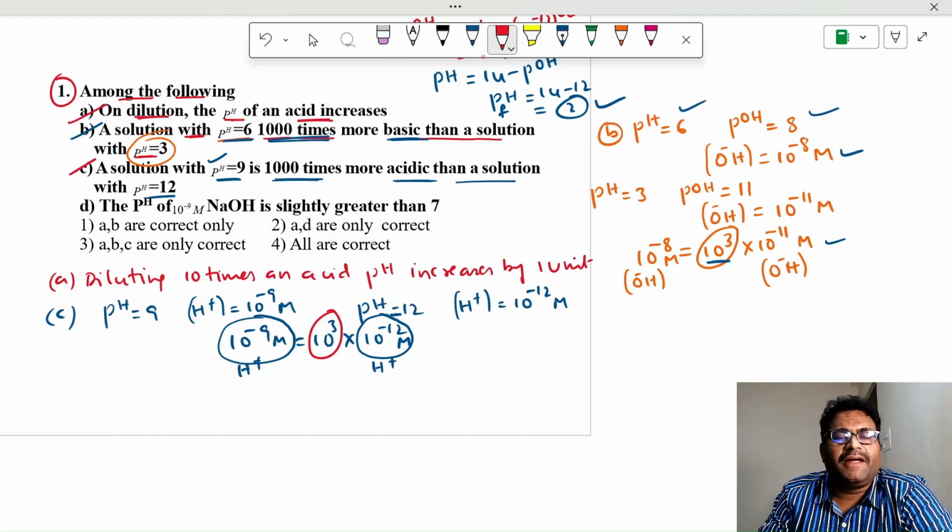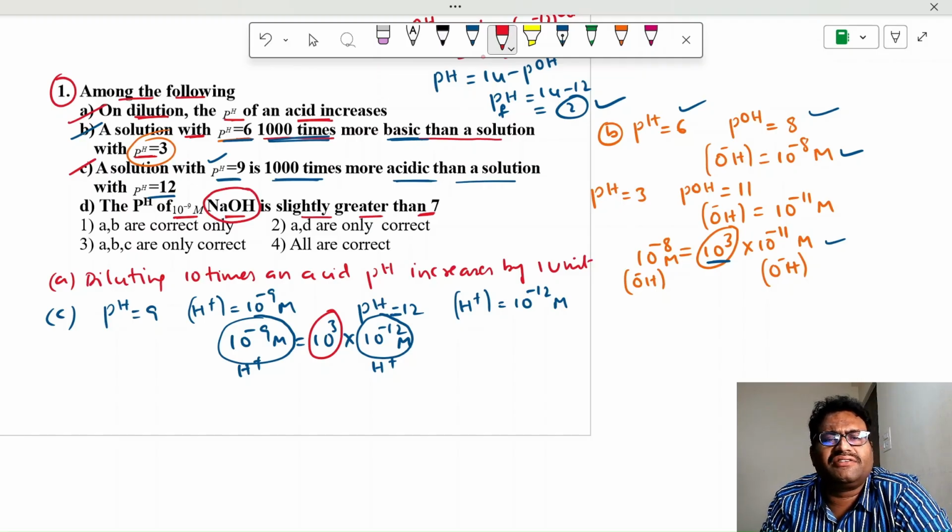Okay. Next, coming to option D. The pH of 10 power minus 9 M NaOH is slightly greater than 7. Yes. What is this? Base. Whatever the concentration, a base will always be a base, and its pH will always be greater than 7.